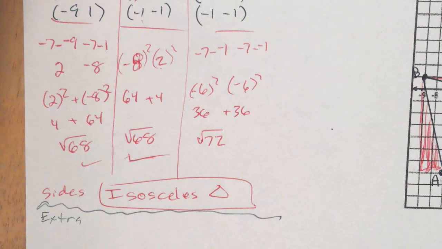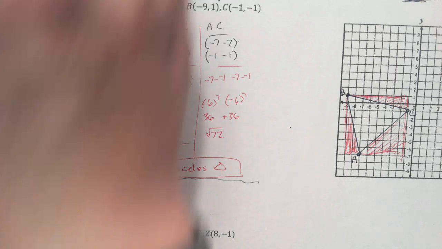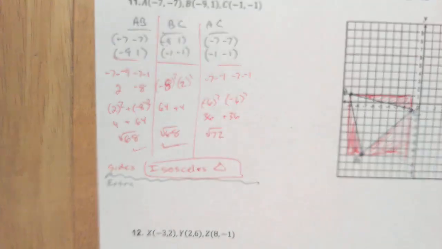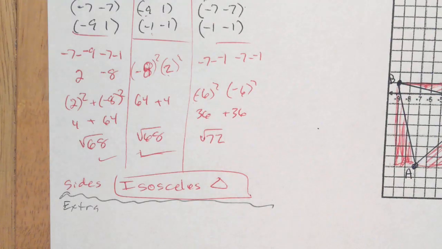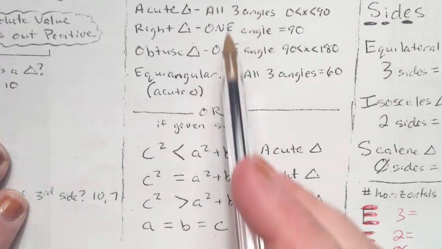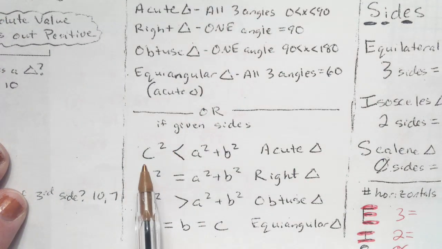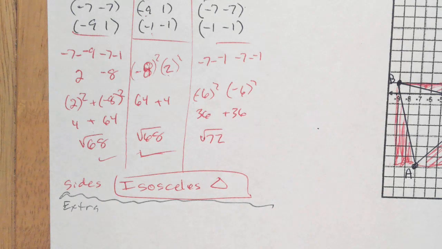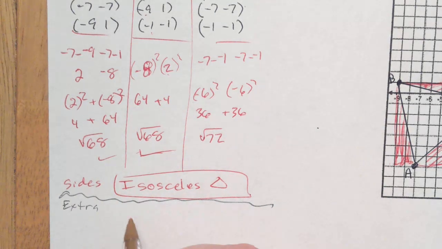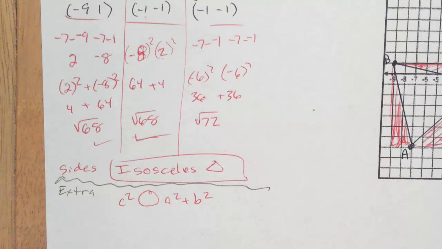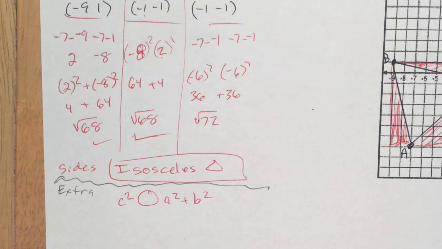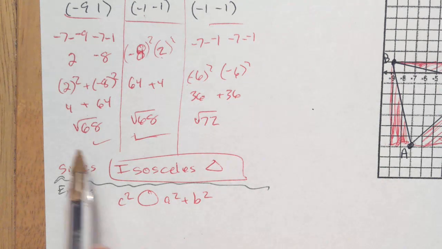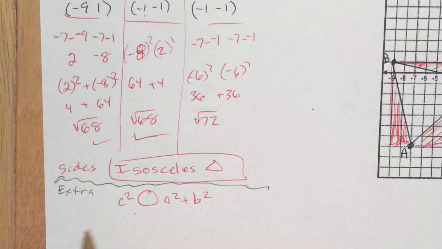Okay, so if we look back at our notes, to classify by the angles, but we're given the side lengths, we want to know how does c squared compare to a squared plus b squared. So we're going just a little further, guys. Okay, so how do you do that? Well, c squared would have to automatically be the biggest side.